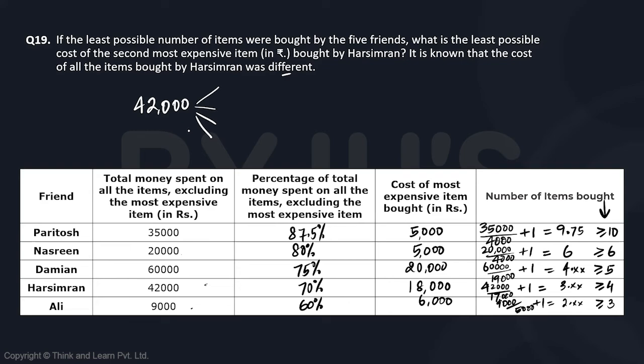Now for this, the cost of the second most expensive item would be the least possible when the prices would be 1,000 more and 1,000 less than the average cost of the three items.